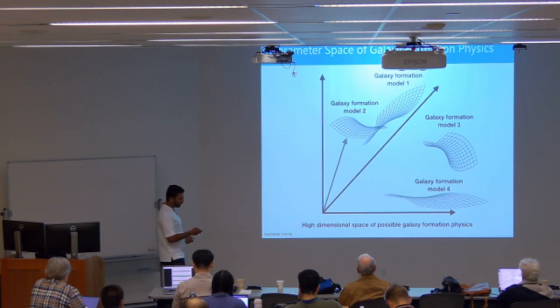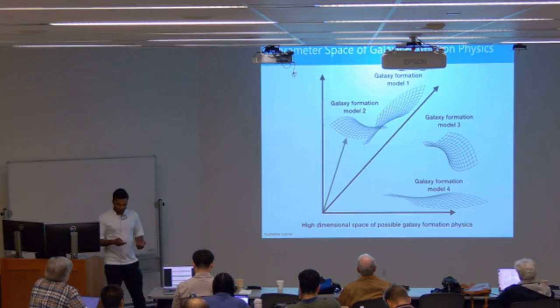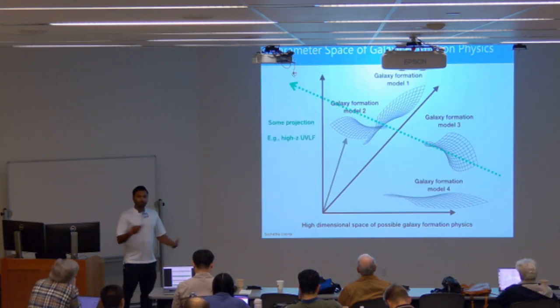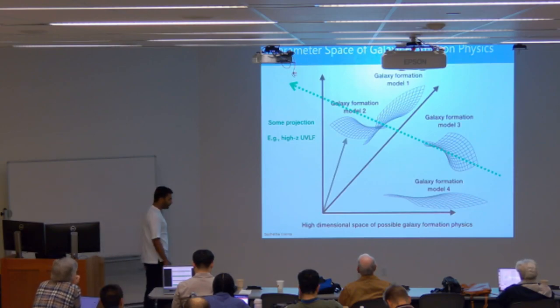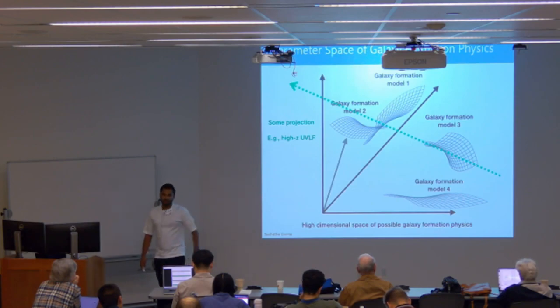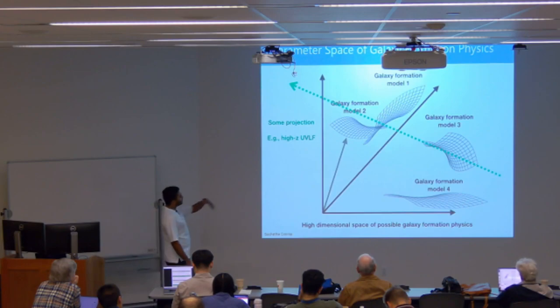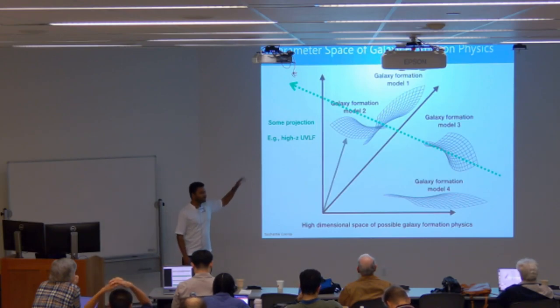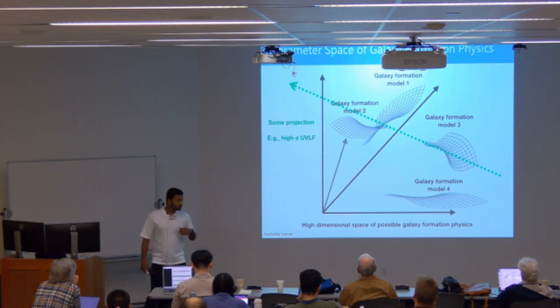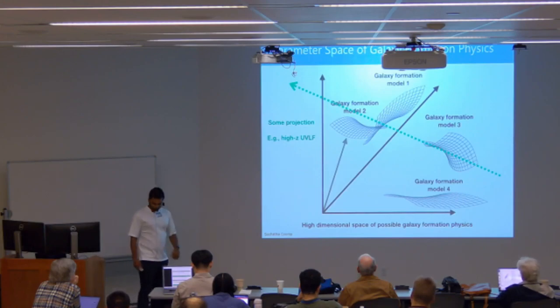You have your favorite galaxy formation models covering different parts of the parameter space. One of them that we discussed in the first two days was how to match high-z UV luminosity functions. It is as if we take a projection of this parameter space, project it down to these high-z luminosity functions, and compare how these different physically motivated models match in this space.